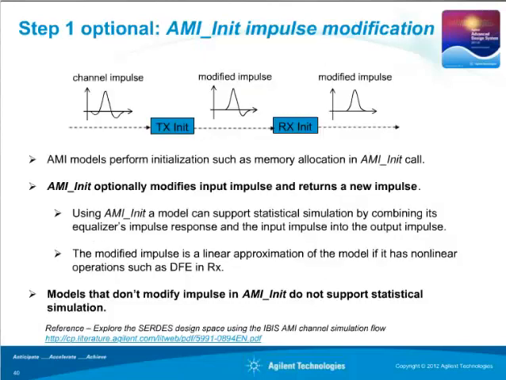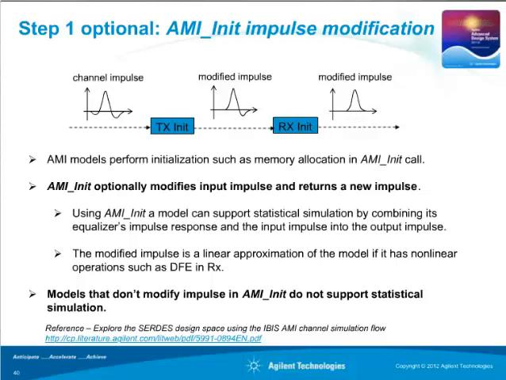Then there is another part of evaluating an AMI model, which is kind of detailed, but I'll bring it up here because it's important to understand that this is part of the picture. Because you can have LTI or nonlinear versions of the model, there's something called AMI init. And AMI init is essentially a flag, if you like, that says, can this model modify an impulse response? And for statistical simulation, this has to be true for it to be valid.